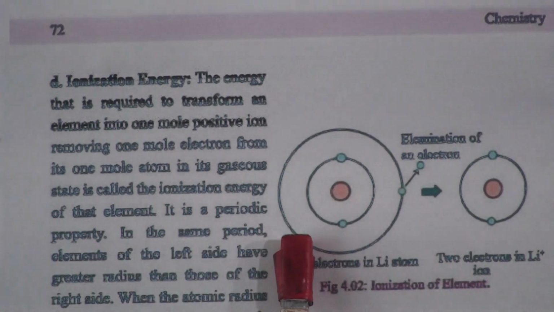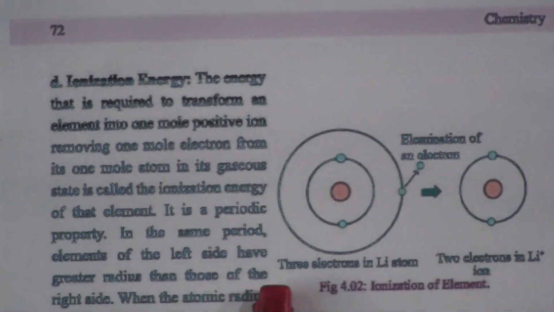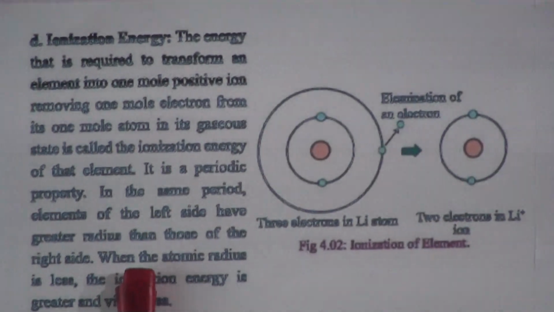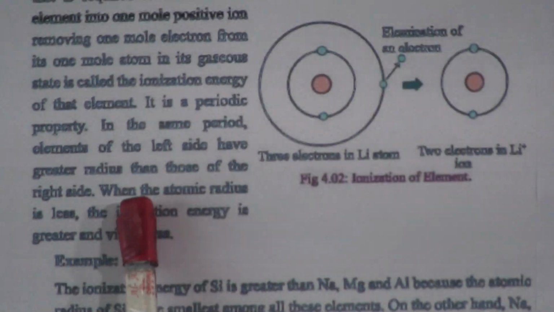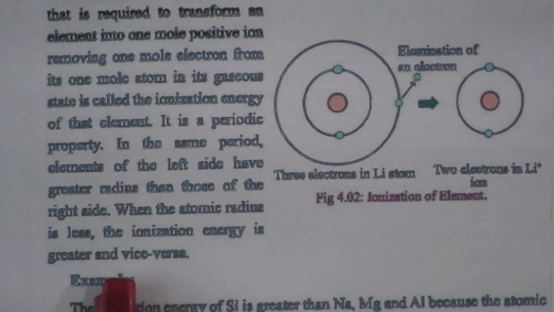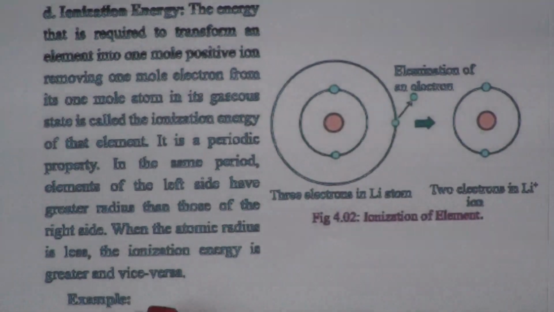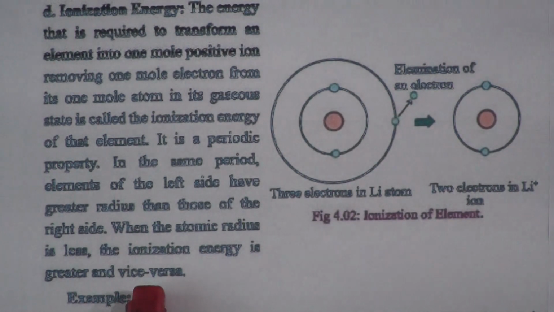In the same period, the elements on the left side have greater radius than those on the right side. When the atomic radius is less, the ionization energy is greater, and vice versa. That means when the atomic size is less, the ionization energy will be greater.